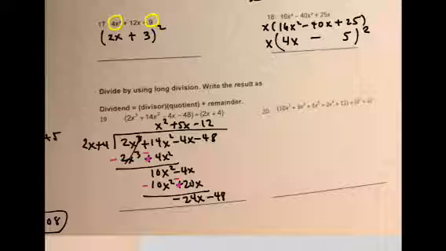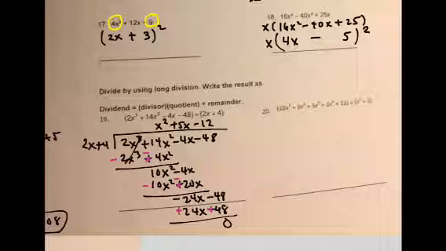And so that gives you negative 24x minus 48. We're going to subtract, so we add the opposite. So this is plus and this is plus, the opposite sign. And we get 0 as a remainder. So our quotient is this one right here. This is the answer. x squared plus 5x minus 12.